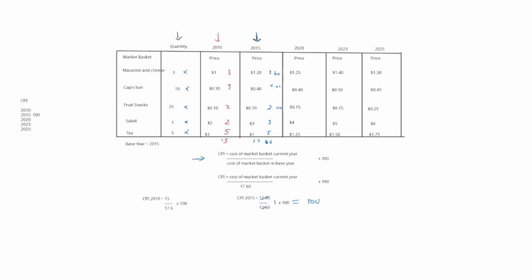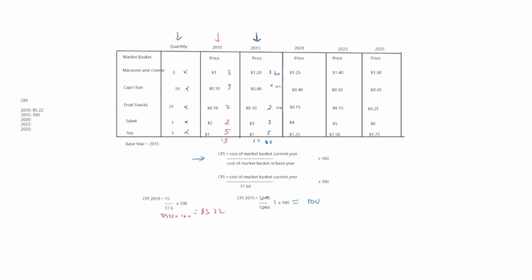So if we do 15 divided by 17.6, we're going to get 0.8522 times 100. It's going to give us 85.22. So we now have that for 2010.